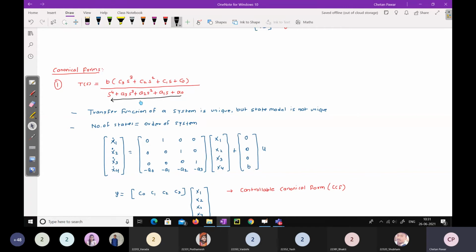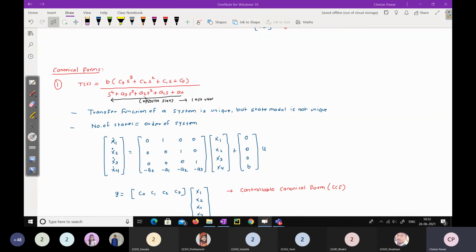So traverse like this, with the opposite sign, and it will decide the last row. Here you can see minus a0, minus a1, minus a2, minus a3. Done.